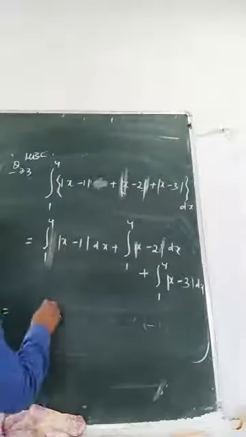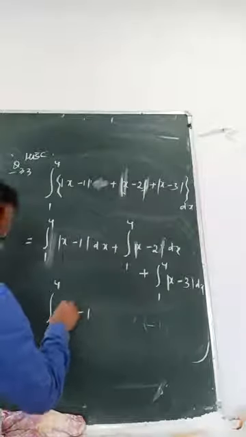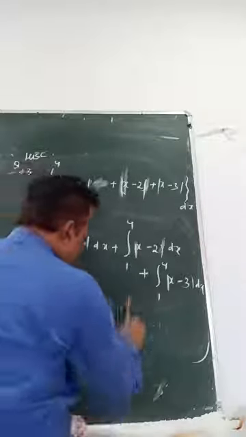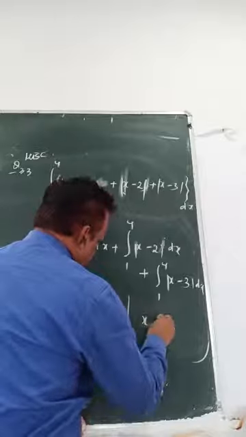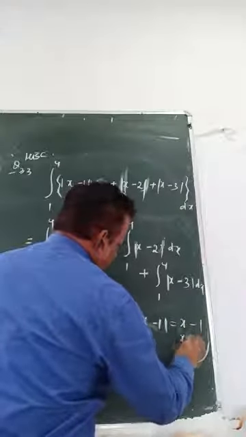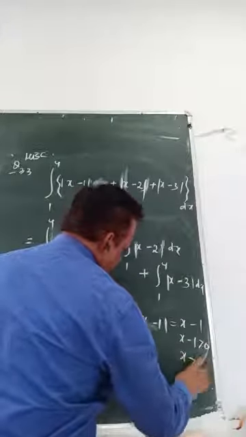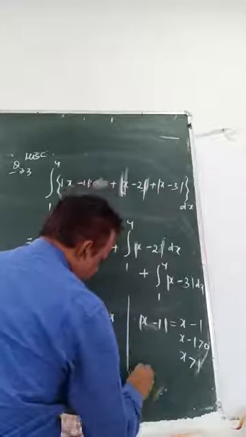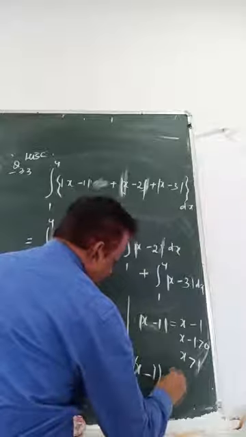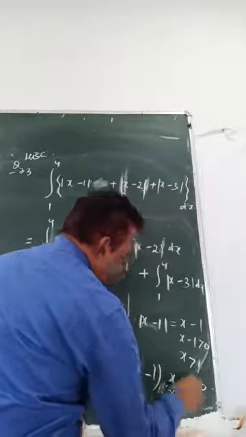Let me take 1 to 4 modulus of x minus 1 dx. By definition, modulus of x minus 1 is x minus 1 for x minus 1 greater than 0, x greater than 1, and minus of x minus 1 for x minus 1 less than 0, x less than 1.